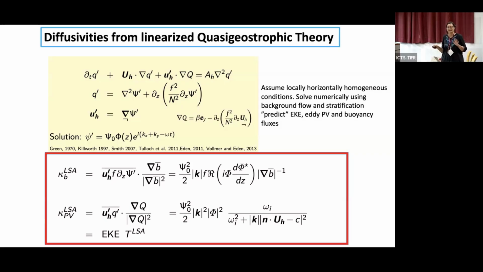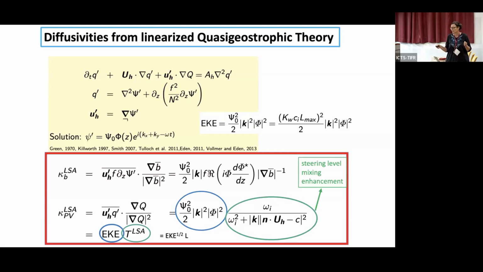It gives you stable and unstable modes, and what we're using is the properties of the most unstable mode. As a solution, you get the buoyancy flux and the PV flux. The diffusivity is then from the projection of this flux across the buoyancy contours or across the mean PV contours. And what this turns out to be is, and today I'm only going to focus on this one here.